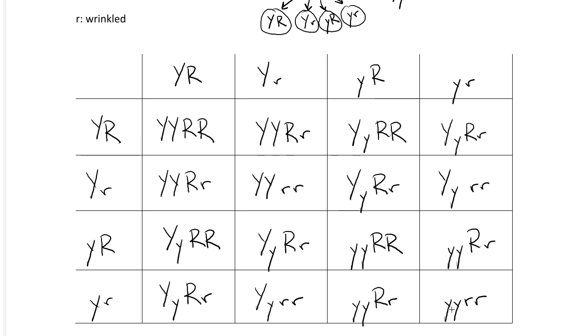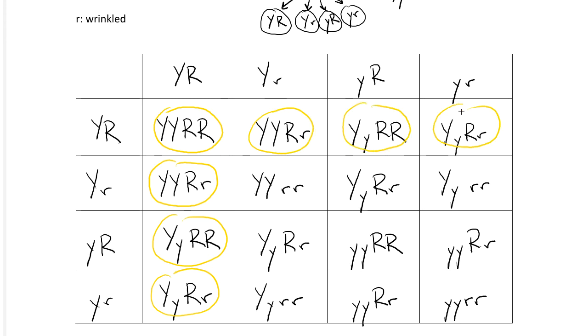Now what about the phenotypes? If we first look for yellow and round, everything that has at least one capital Y and one capital R, we see them here. And if we circle them and then count them all up, we see that we have a total of 9.